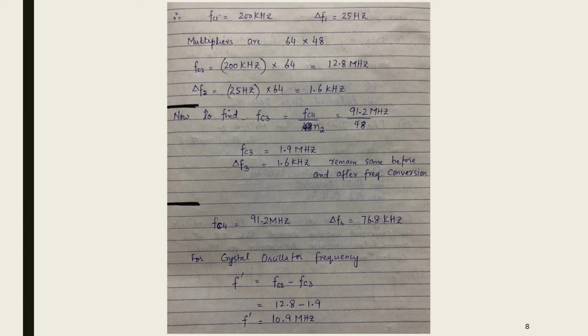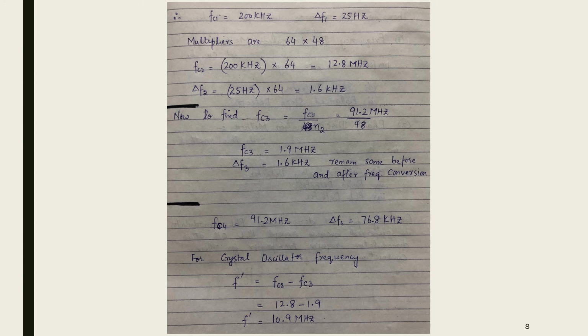How can we find FC3? We know that FC4 is equal to 91.2 megahertz, and if I multiply FC3 with 48, then I get FC4. But now the unknown parameter is FC3. So if FC3 multiplied with N2 gives FC4, then if we divide FC4 by N2, we can get FC3. So if I divide 91.2 megahertz by 48, I reach FC3, because now I am moving in reverse order.